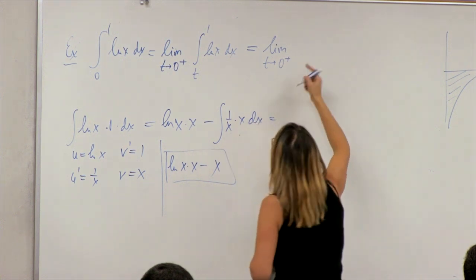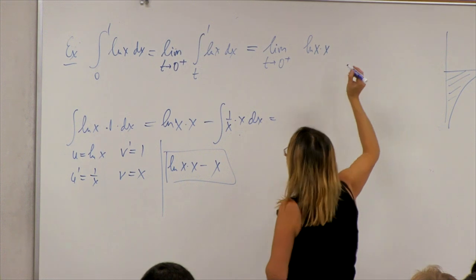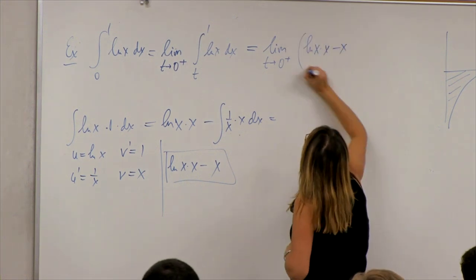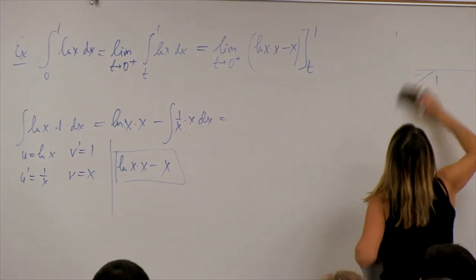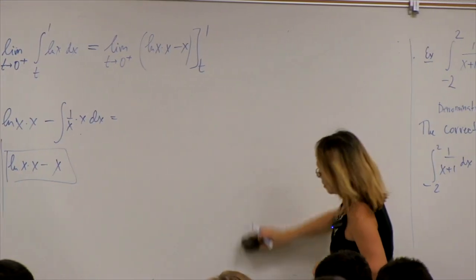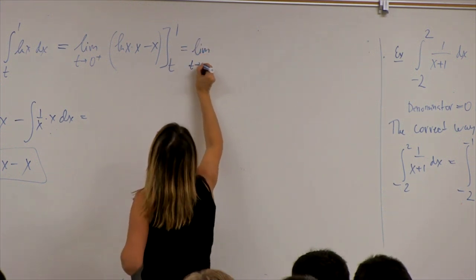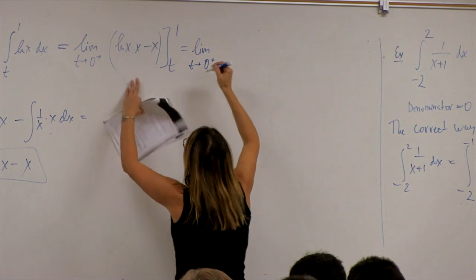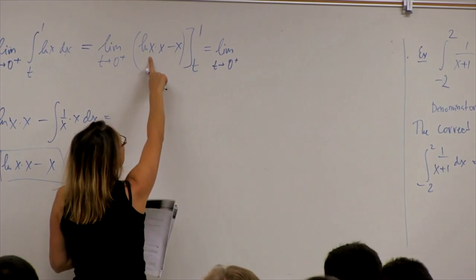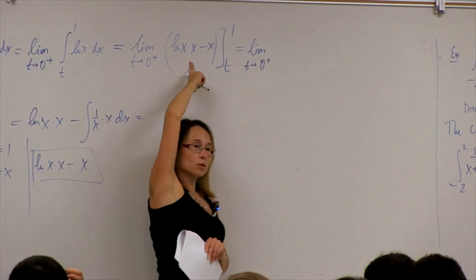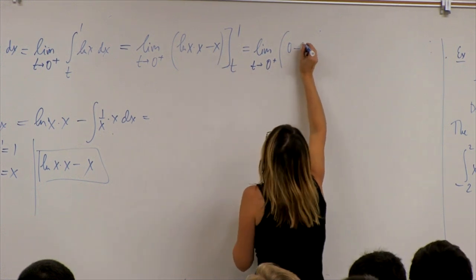So t goes to 0 plus. I'm going to write down the antiderivative and evaluate it at t and 1. So the limit as t goes to 0 plus. This first part gives me log of 1 times 1. What's that equal to? 0. Minus 1.